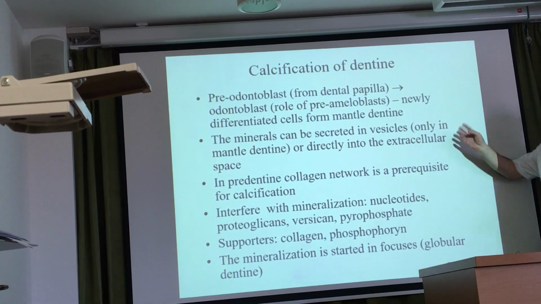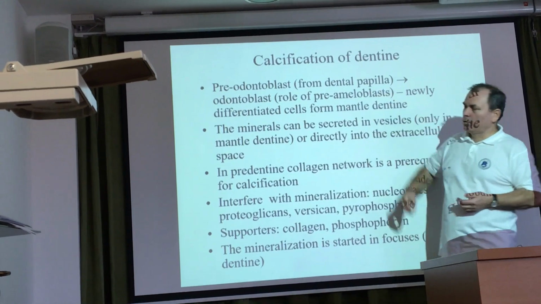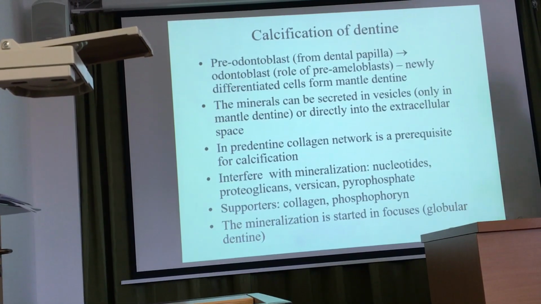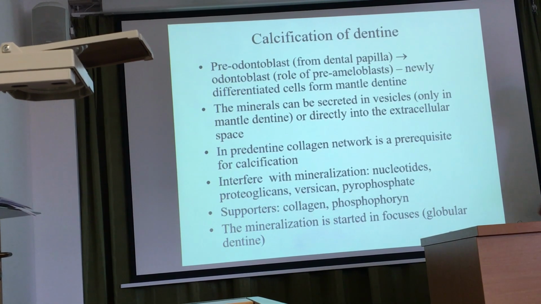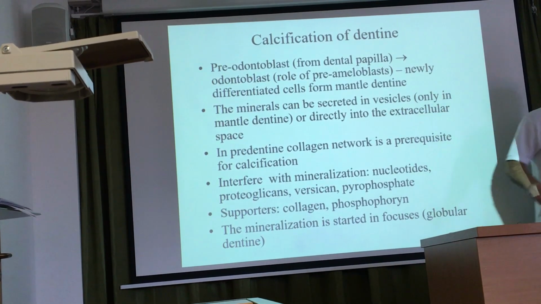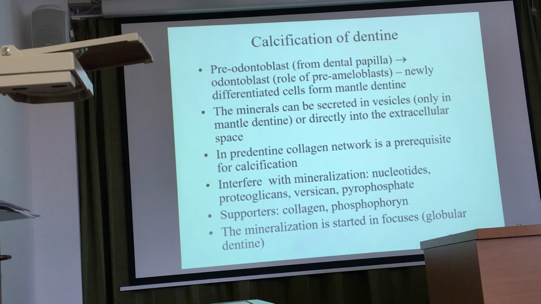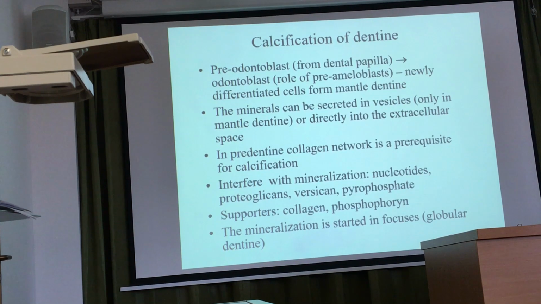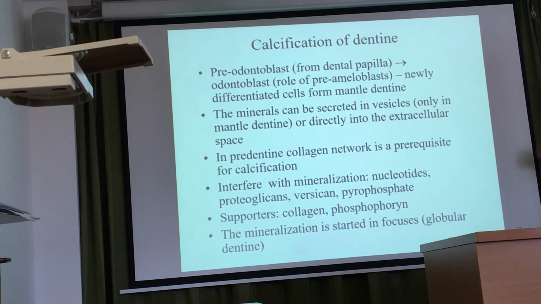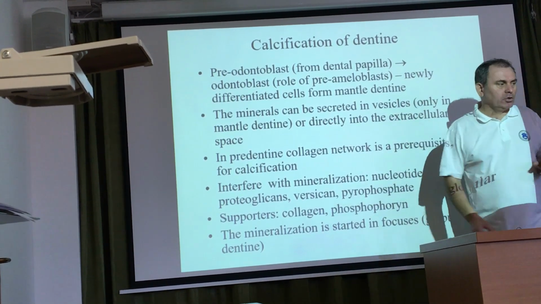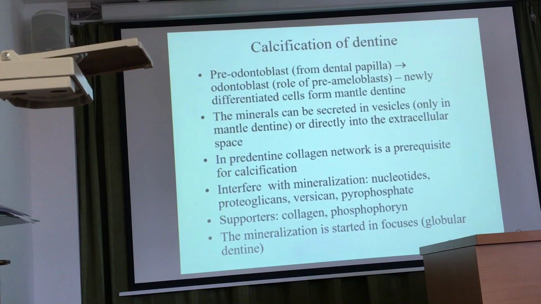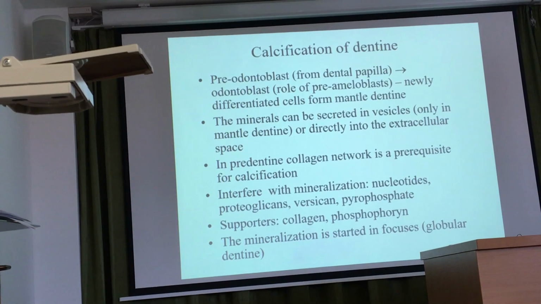First, odontoblasts, and after odontoblasts, when you have these fibers, the odontoblasts are formed. And first, there is a so-called special vesicular formation of the crystals. We have different mineralization in our body. For example, in bones, we have heterogeneous mineralization.